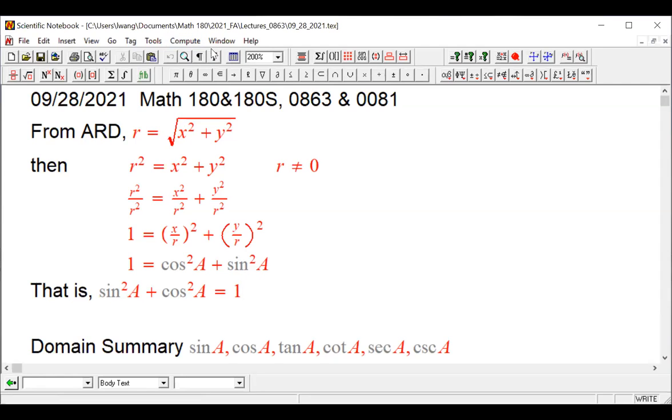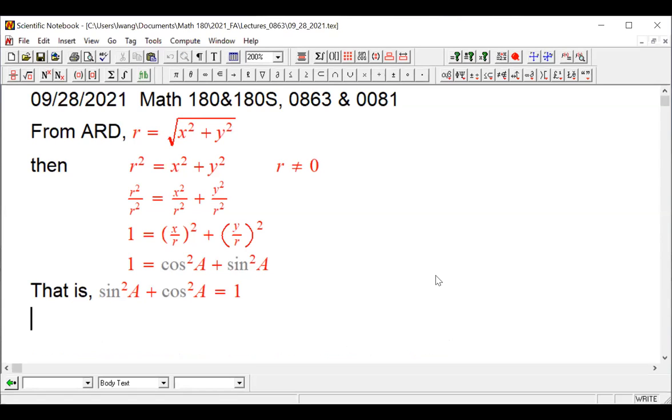And these A are from the domain of sine and cosine. This is the famous identity. This quantity equals 1. And from this quantity equaling 1, you can derive a lot more stuff. You guys can start deriving.